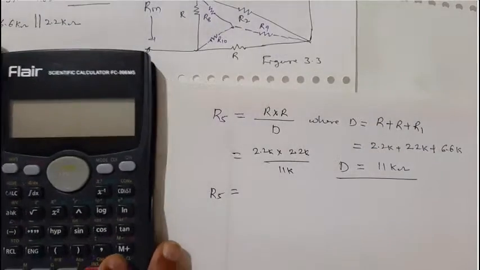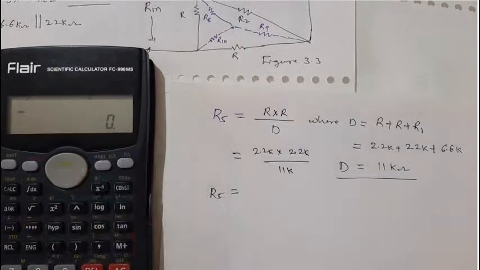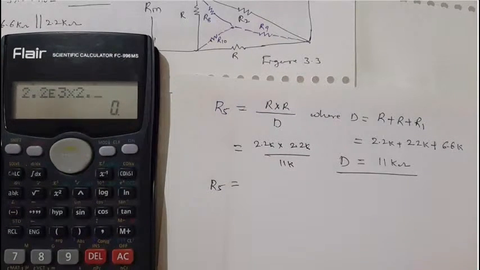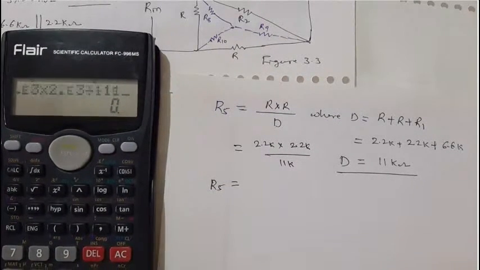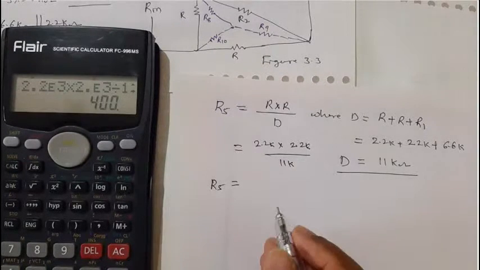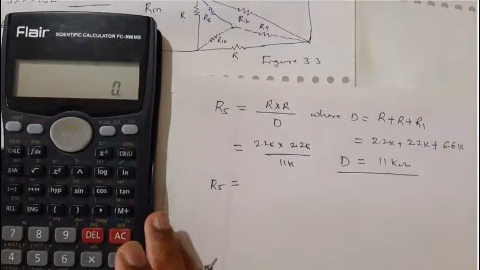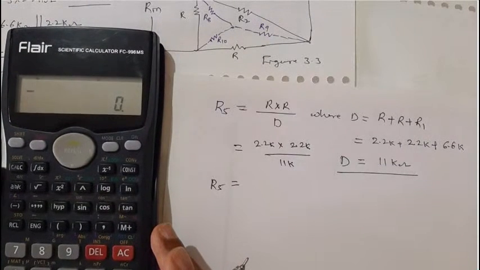This R5 is 2.2k into 2.2k divided by 11k. Just a minute, it's 11k, right?